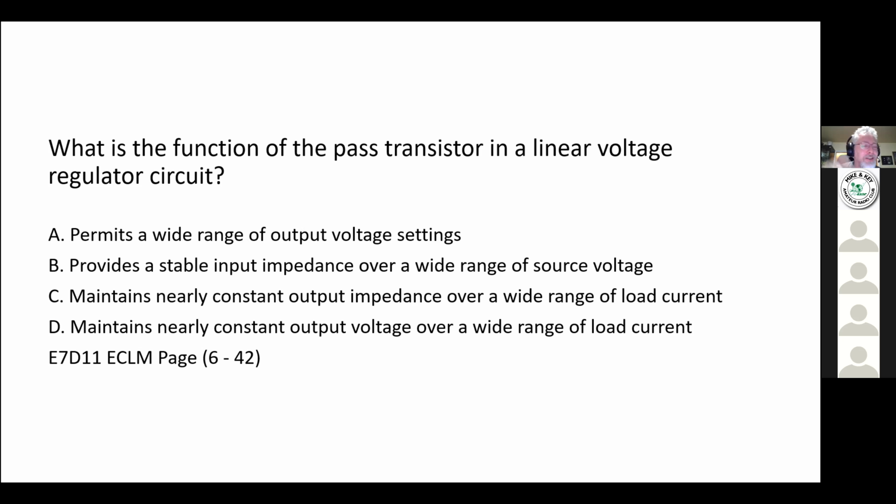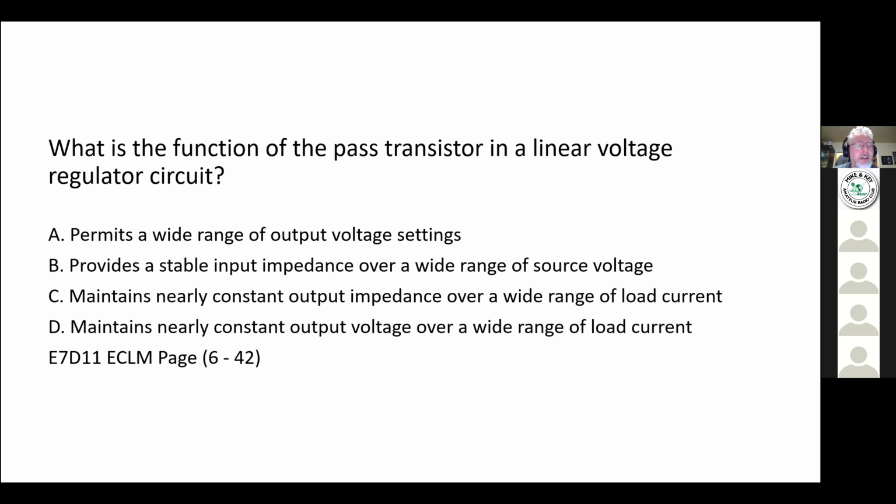What is the function of the pass transistor in a linear voltage regulator circuit? A, permits a wide range of output voltage settings. B, provides a stable input impedance over a wide range of source voltage.